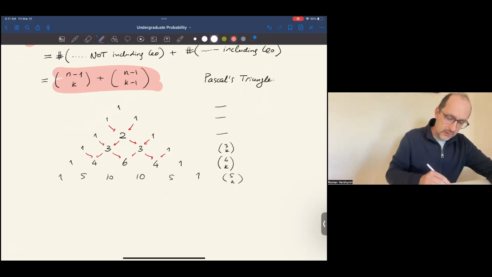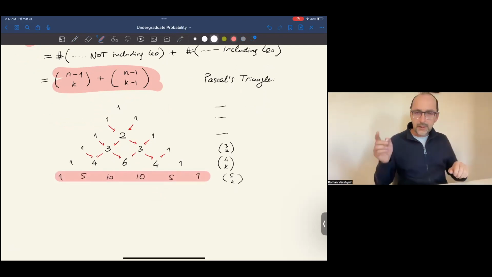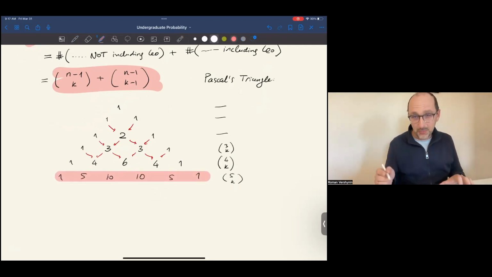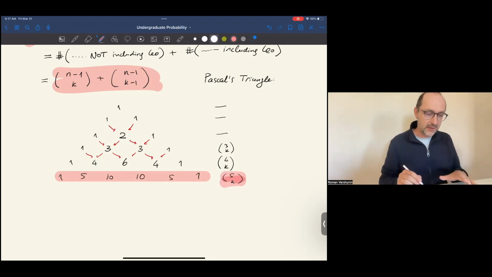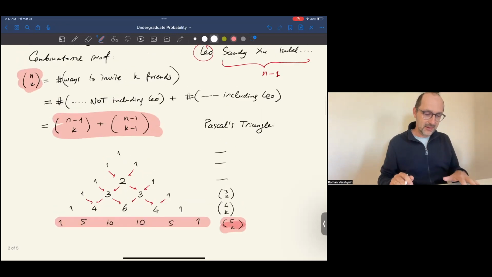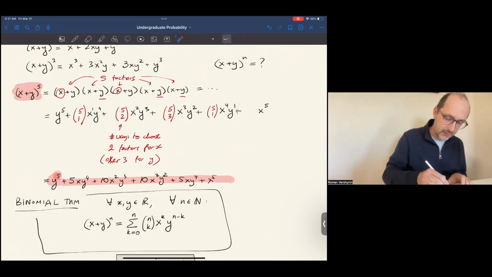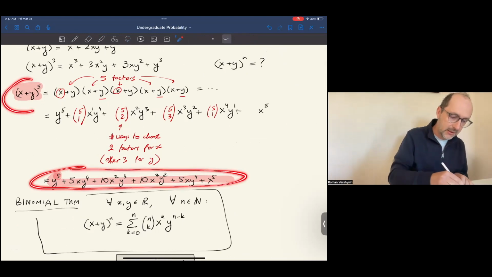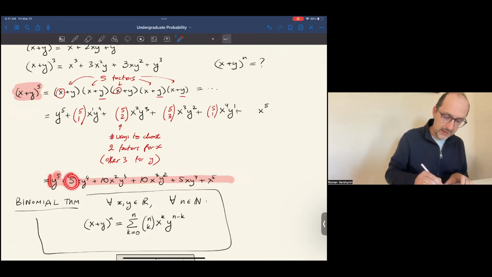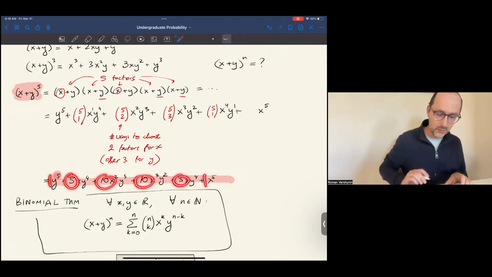And 1, 5, 10, 10, 5, 1 are all binomial coefficients, 5 choose k, and we've seen them already. We've seen them over here when we expanded x plus y to the 5. It's 1, 5, 10, 10, 5, 1.